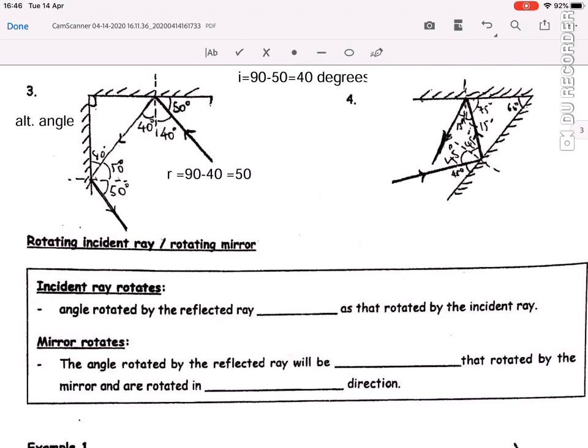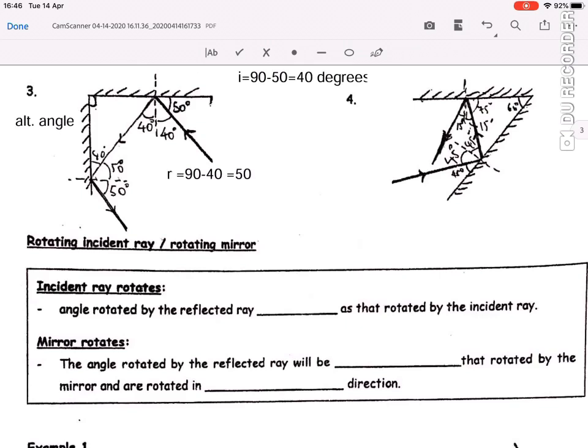That's how we get the second reflected ray of 50 degrees, as the incident angle is equal to 50, and the reflected angle R is also 50. Both of them are 50. Please draw this line in, so you will see how it reflects off two mirrors.